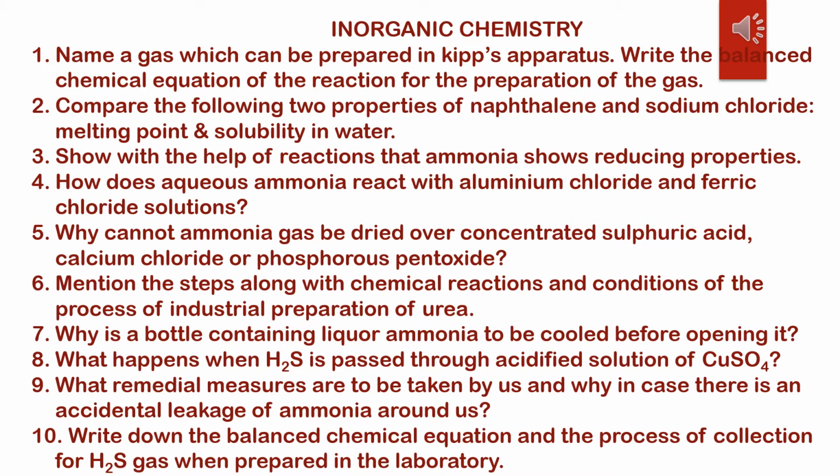AlCl3 + 3NH4OH = Al(OH)3 down arrow, within bracket we will write white because color is white precipitate, + 3NH4Cl, that is ammonium chloride.